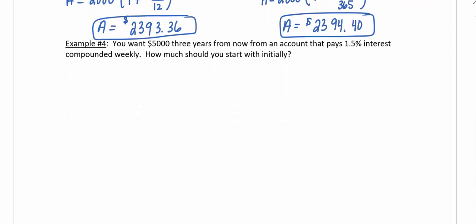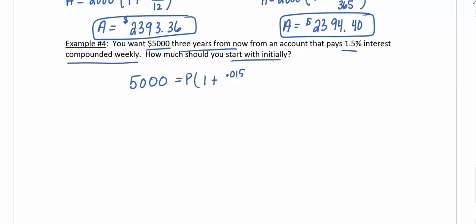So the last example is another compound interest problem, and it's compounded weekly. So you want $5,000 3 years from now. So what do you think that $5,000 is? Your initial value or your end value? Well, it's your end value because you want it 3 years from now. So you want to know how much should you start initially. So that is P. So 1 plus, I've got 1.5% is 0.015.